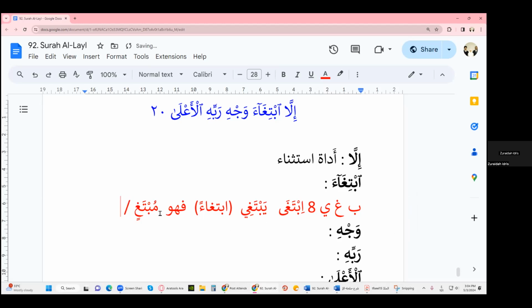Mubtaghin. How would I spell this? So mim, ba sukun, ghayn, ya with the fathatain. Is there anything else you want to add to that? Because we have a fathatain, you need to add the alif. So this is family 8.